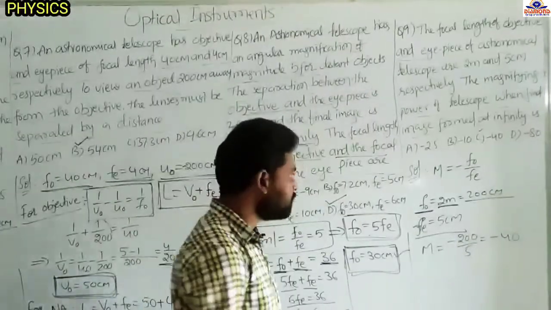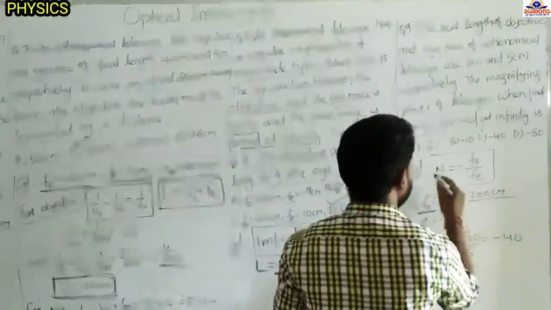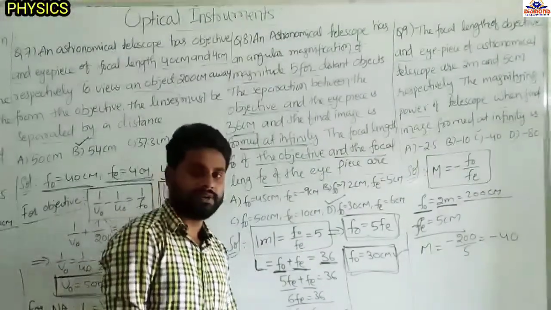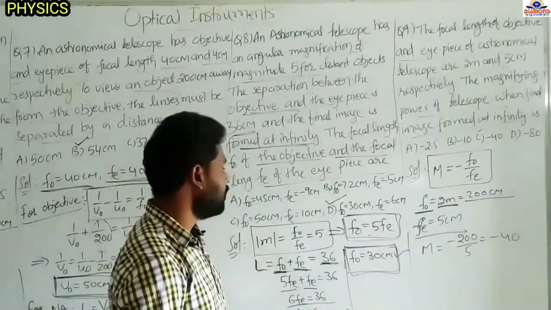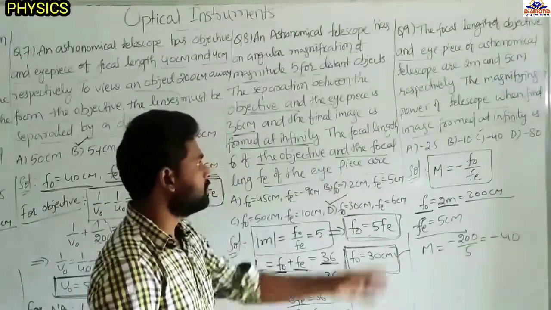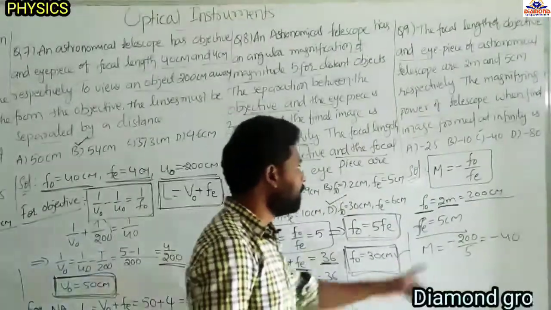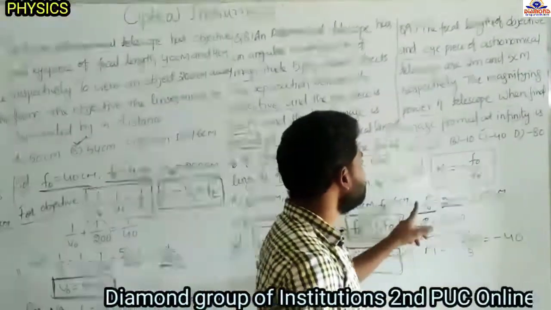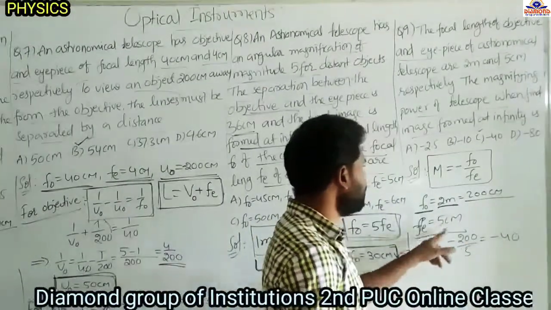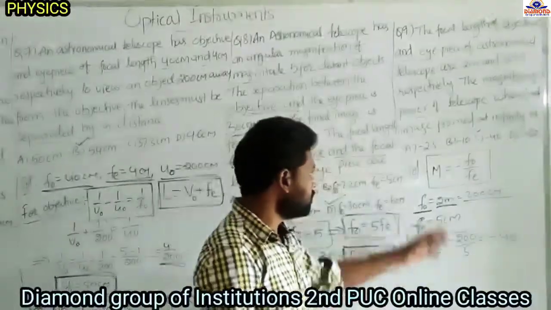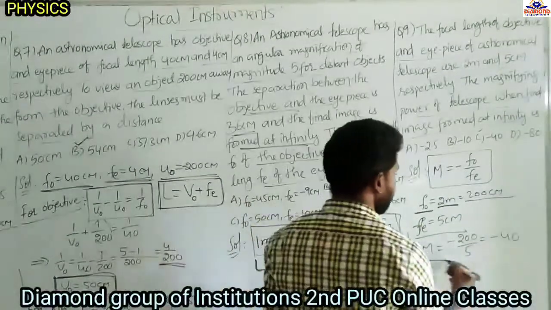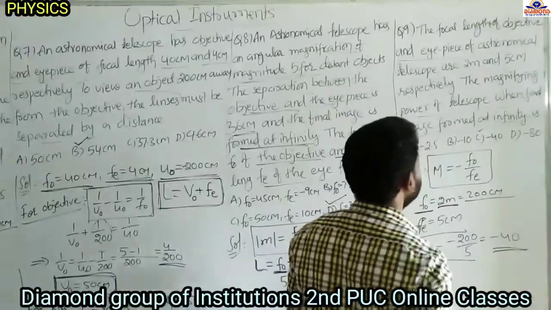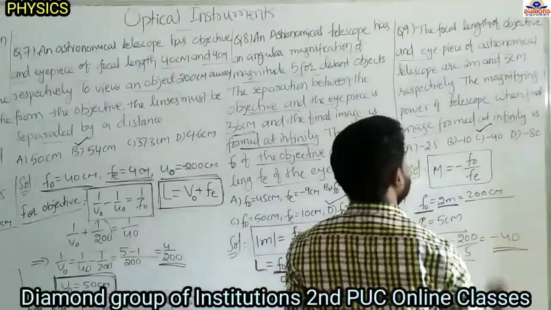The formula we previously discussed: m equals minus f naught by fe. Earlier I took the mod, but here I am taking the sign convention also. So f naught is 200 centimeter and fe is 5 centimeter. Substituting, m equals minus 200 by 5 equals minus 40. So the magnifying power is minus 40.